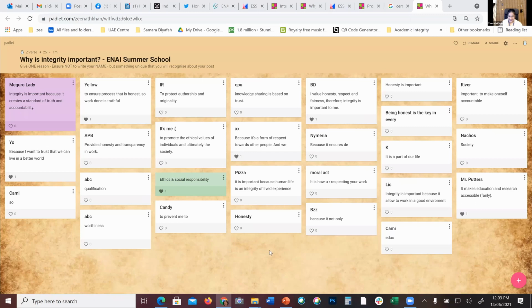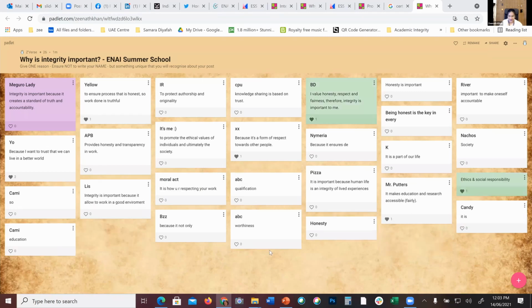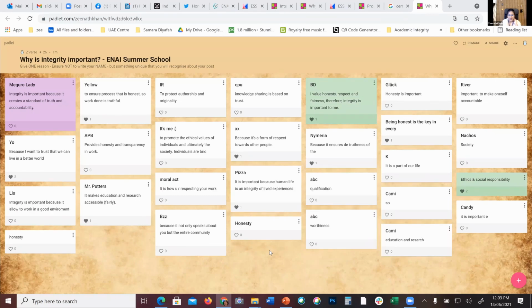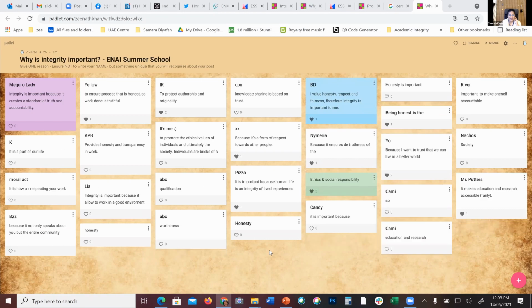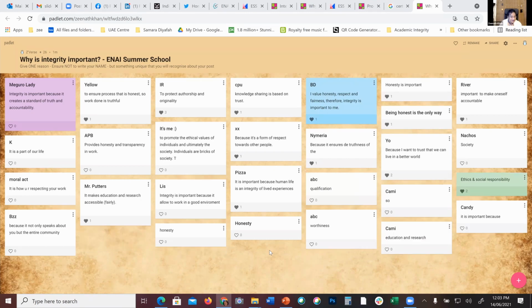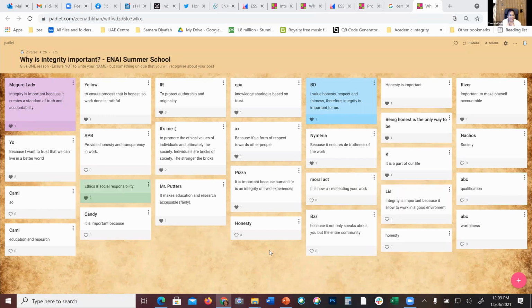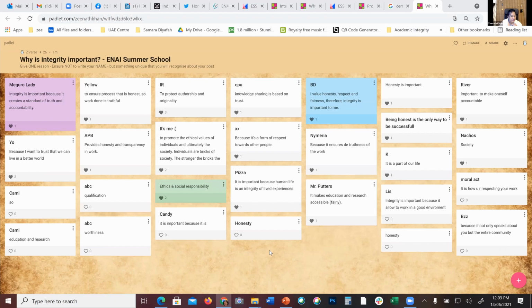Okay. Good answers are coming through. CPU says knowledge sharing is based on trust. IR says to protect authorship and originality. APB says provides honesty and transparency in work.